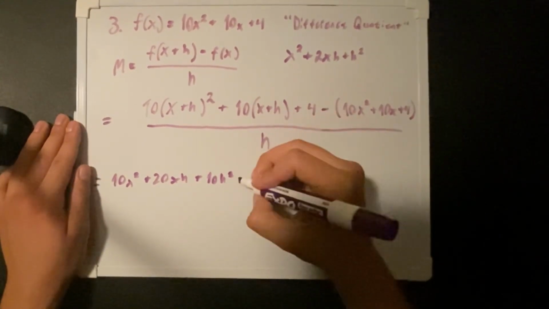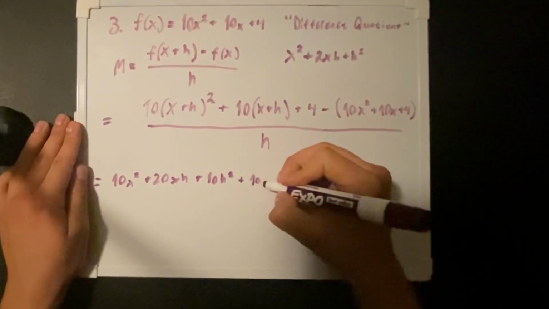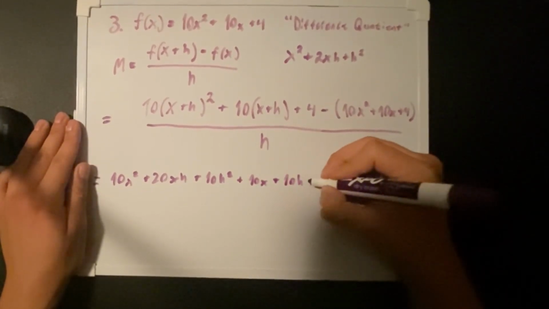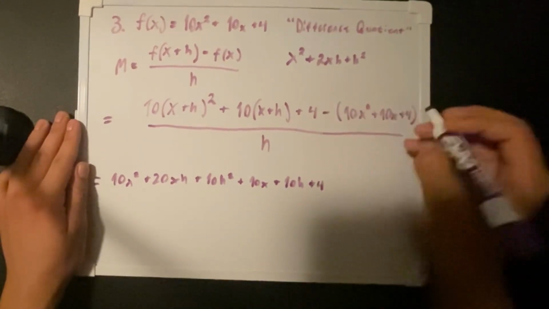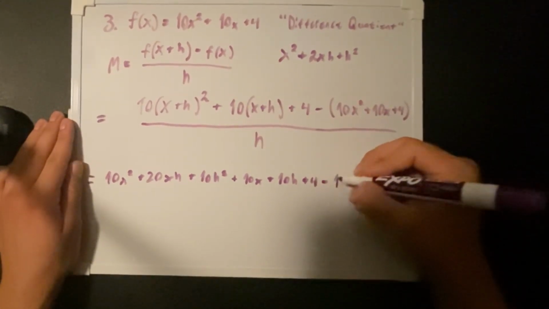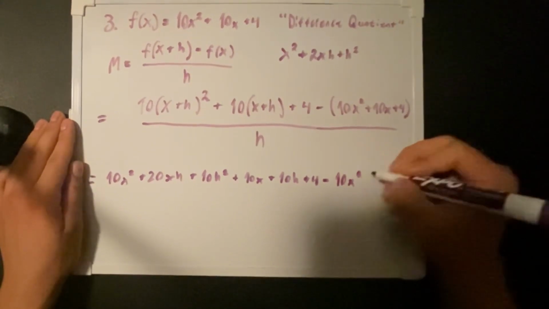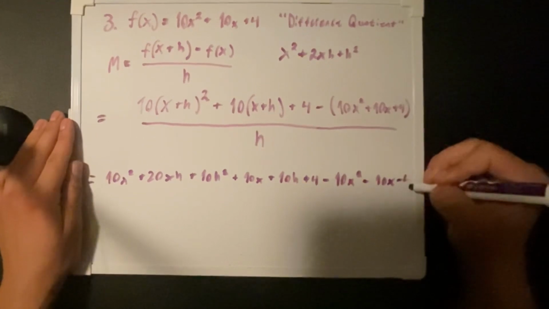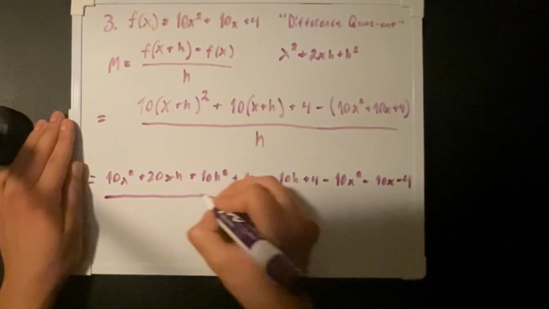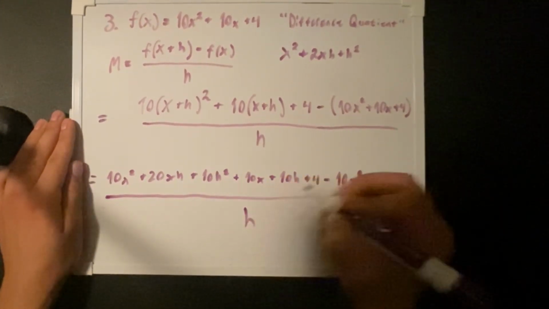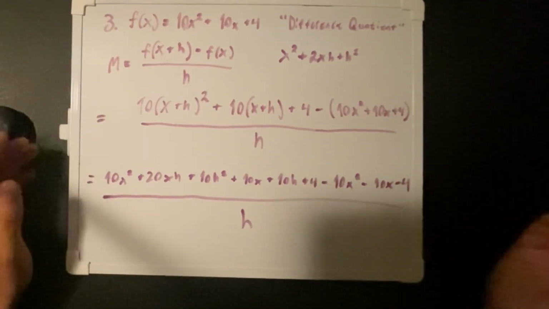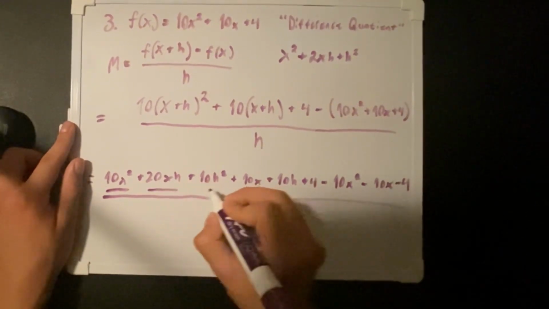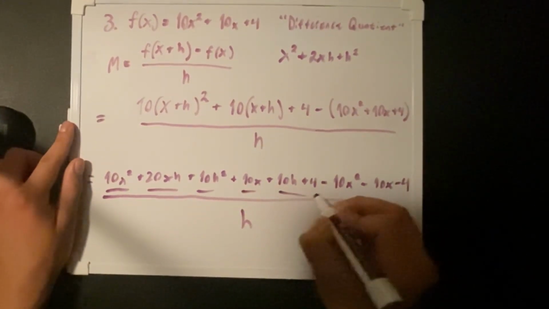And then we also do the same, plus 10x plus 10h plus 4, and we multiply everything by negative, minus 10x squared minus 10x minus 4, and all of this is all over h. Now, do not be intimidated, because now we can simplify. So I will underline all of our values to make this process a lot easier to see.